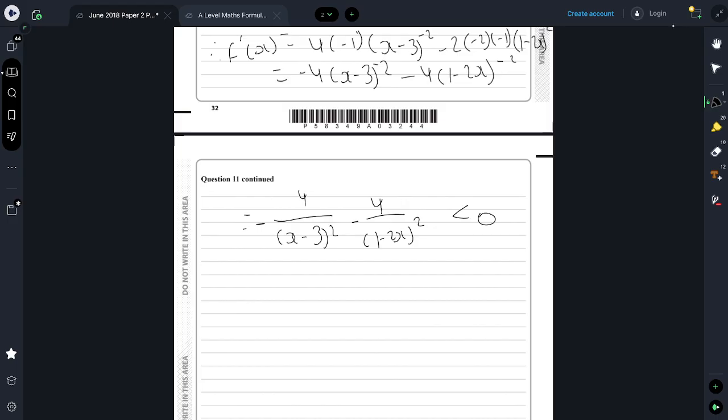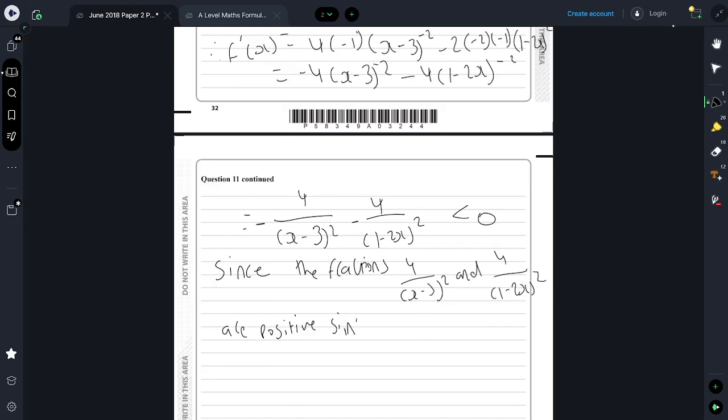So I guess we could say, since the fractions 4 over x minus 3 squared and 4 over 1 minus 2x squared are positive, since 4 is positive, clearly.